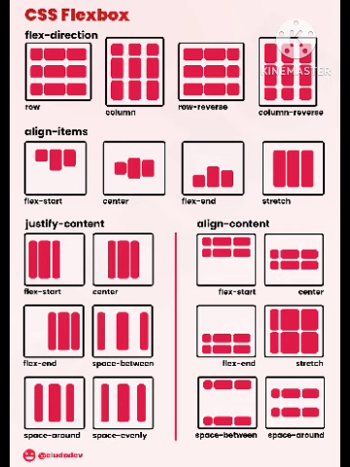What will happen to E and F? Either they will overflow or you have to use a scroll. But what you wish for is, if there is no space, you want the div to move to the next row. So in those cases you will be using align content.